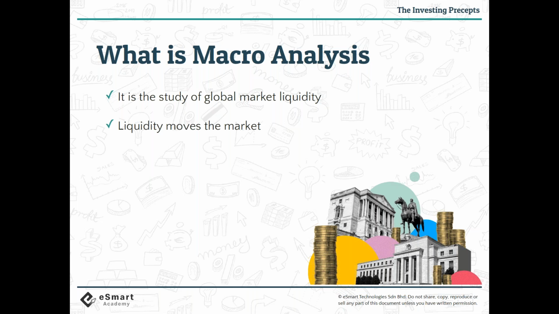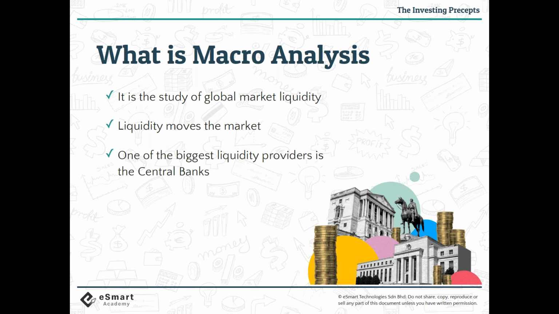Understanding macro analysis, we know that liquidity moves the market. The idea here is the more liquid the market is on a global scale, the more the stock market specifically is going to be supported. And vice versa, if liquidity is low, then of course the stock market will not be supported, and you tend to see price retrace or even fall.